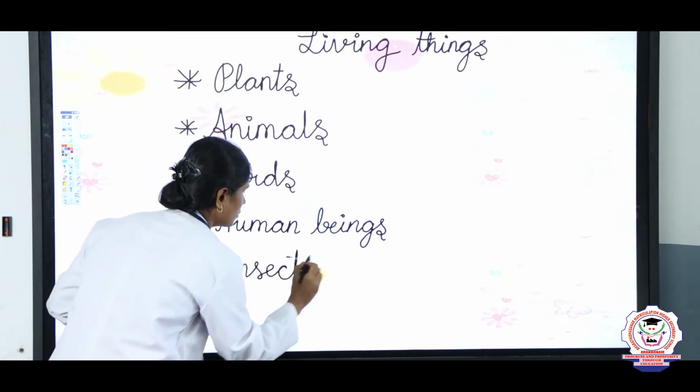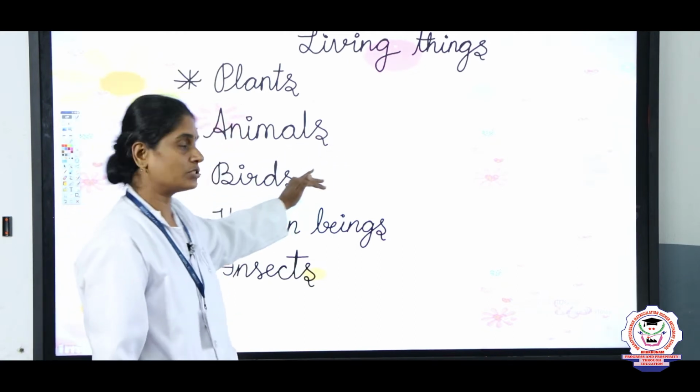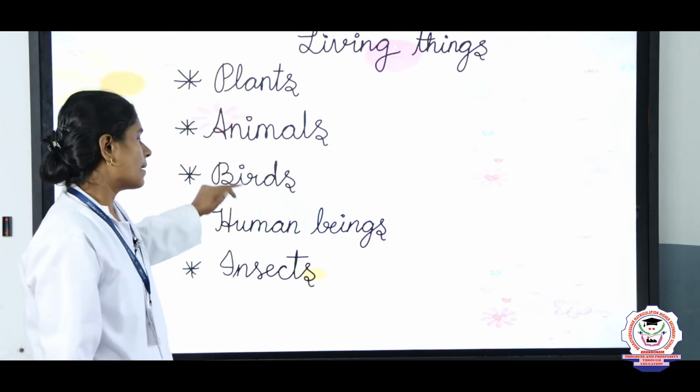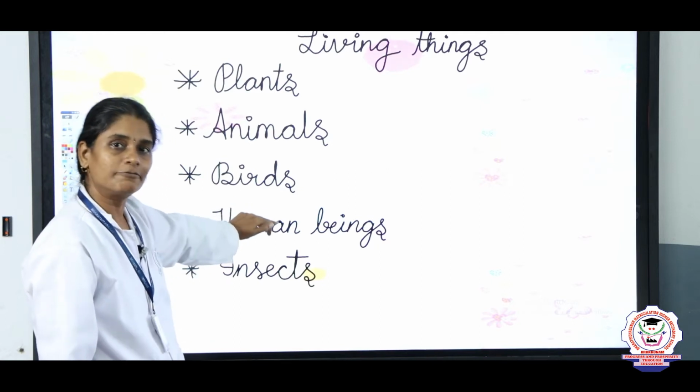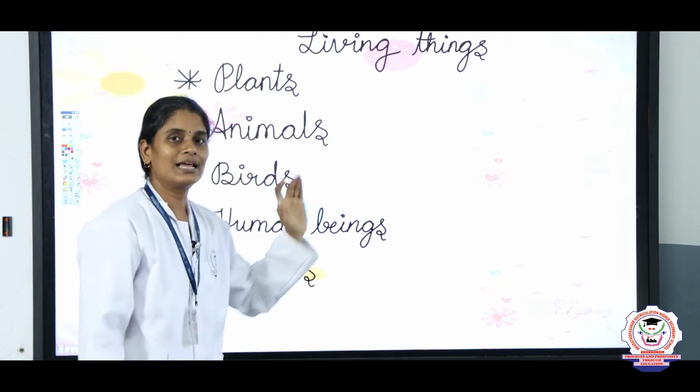These are all the examples of living things. What are the examples that we saw? Plants, animals, birds, insects and of course, human beings. These all come under living things.